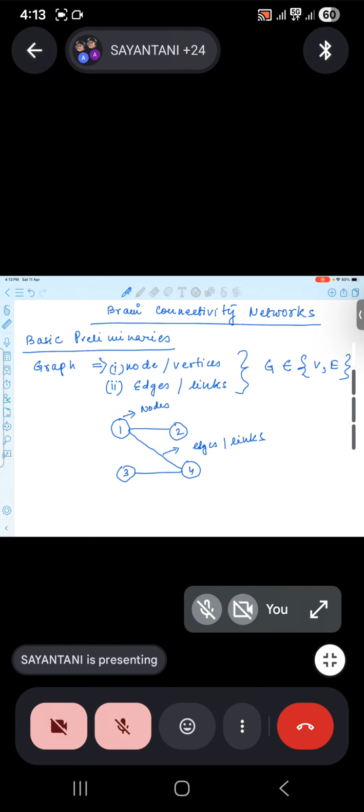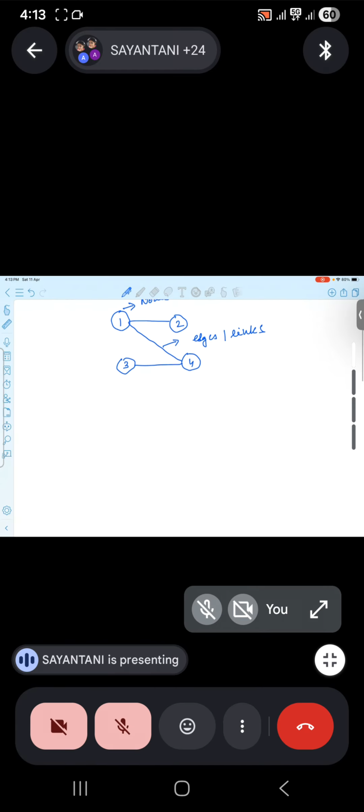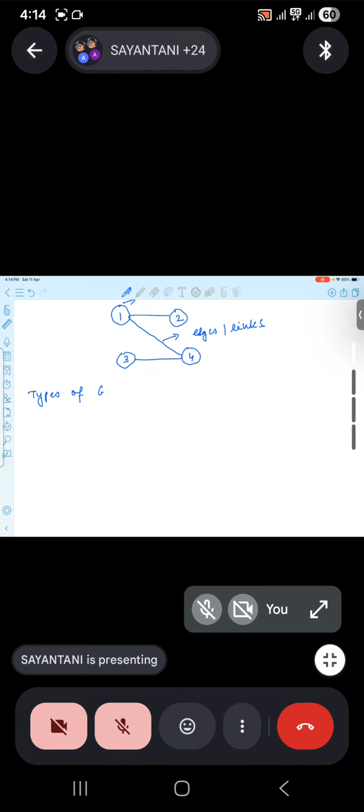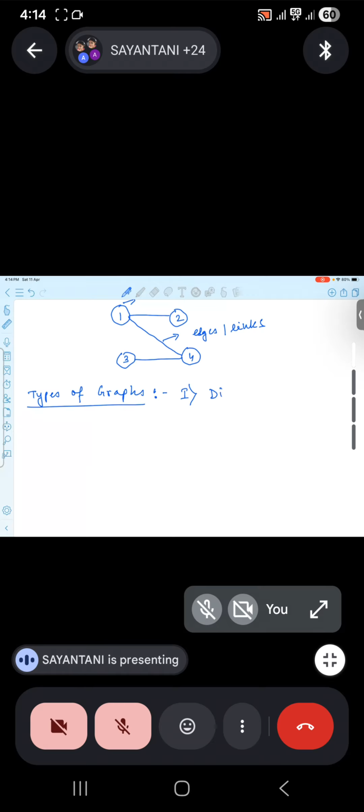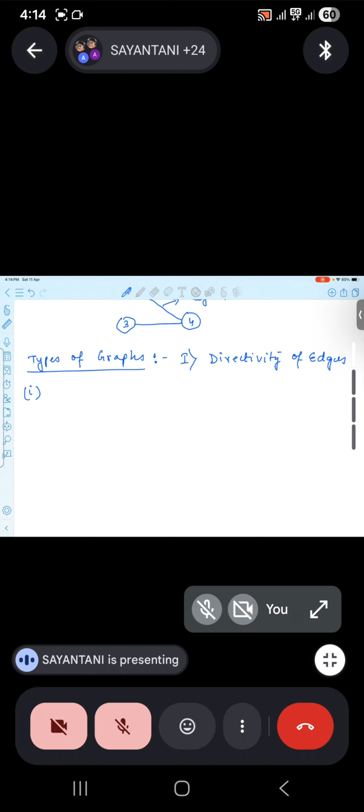Now, graphs can be of different types, and the categories can be based on certain characteristics. The first characteristic depends on the directivity of edges, under which we can have two basic categories.